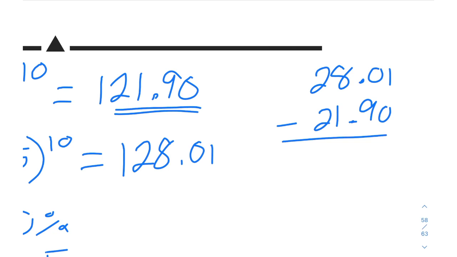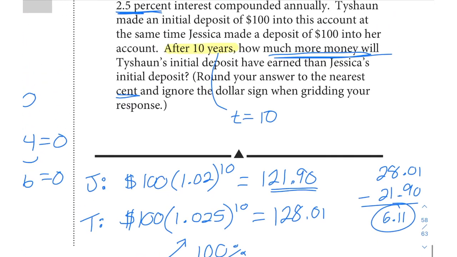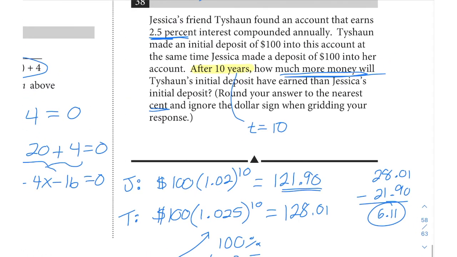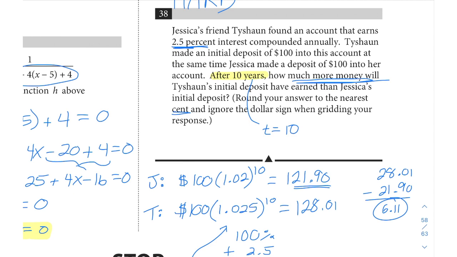And if you subtract these values, this part you could probably do in your head, but it is the calculator section, so you're welcome to use a calculator for this, and depending on how you're doing on time, it's always helpful to double check. That gives you $6.11 as the difference in what they've earned after this 10-year span of time.